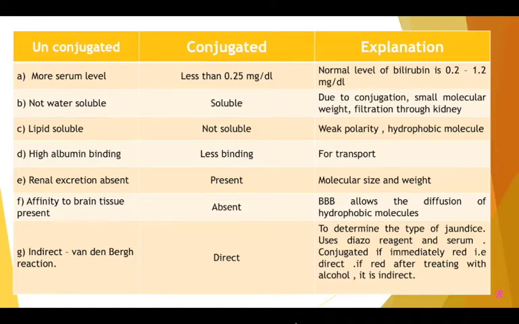Next is affinity to brain tissues. We know that to reach the brain, any molecule has to cross the blood-brain barrier.